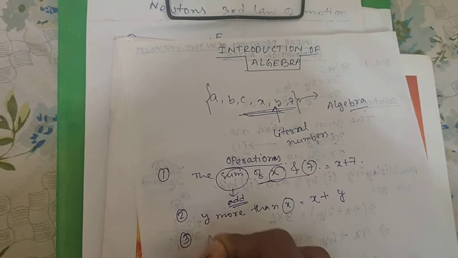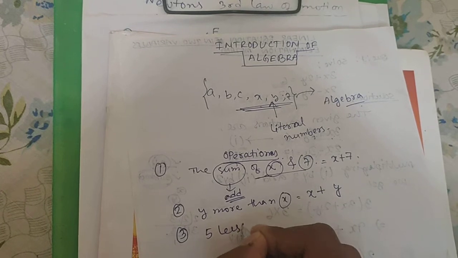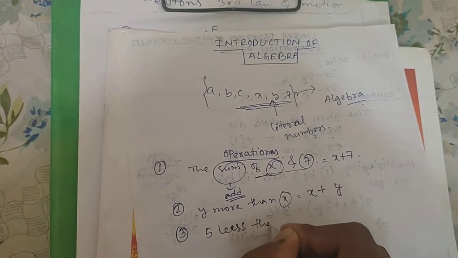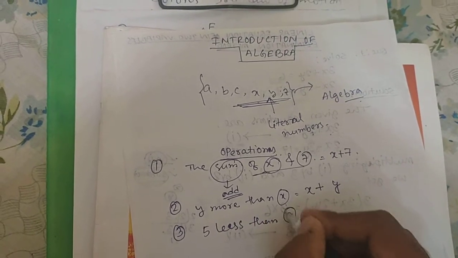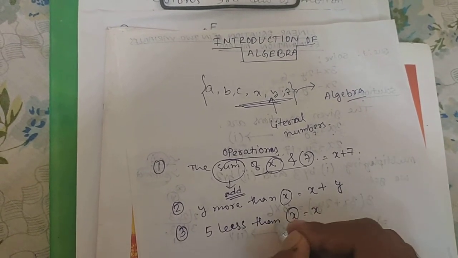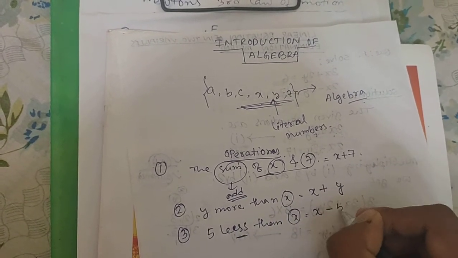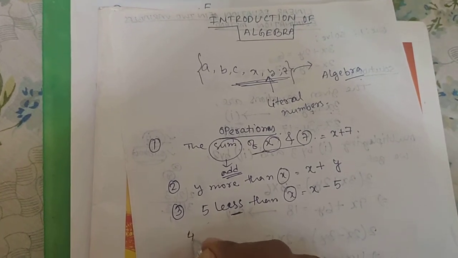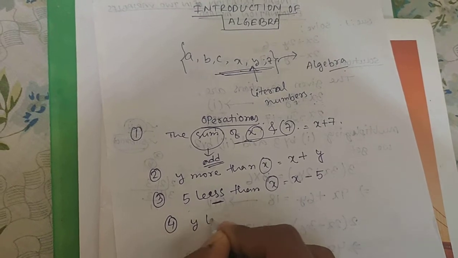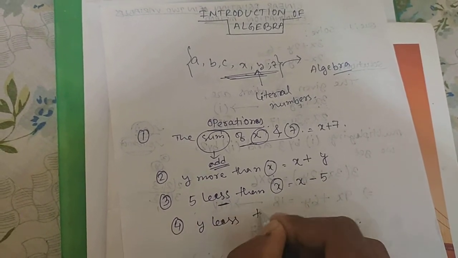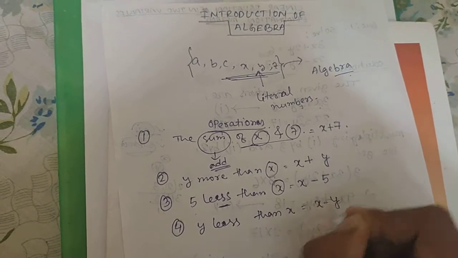Number 3, suppose there is written 5 less than x, that means x is the bigger value. Then less means minus 5. Number 4, if there is written y less than x, which means x minus y.